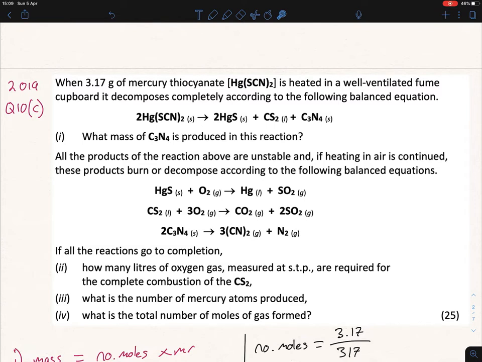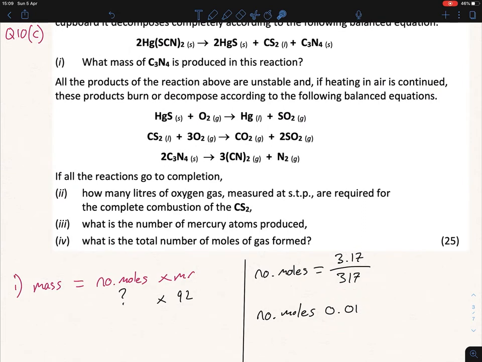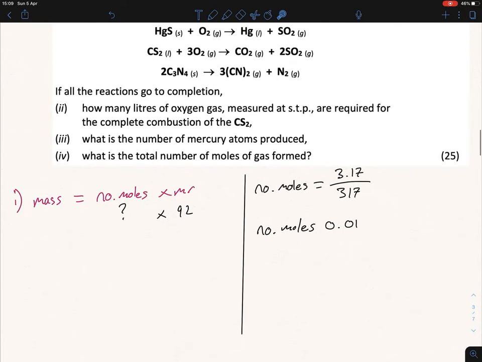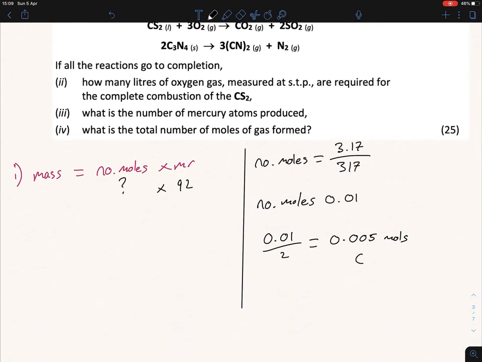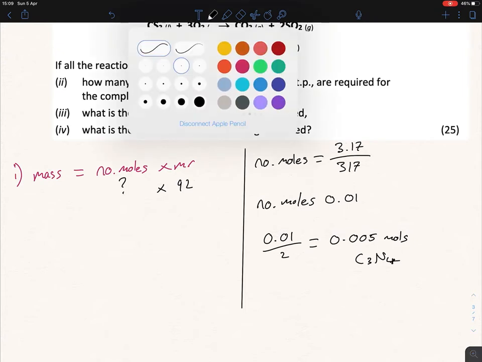So that means we have twice as many moles here than we do over here, the C3N4. So all I'm going to do is take 0.01, divide that by 2, and I'll get 0.005 moles of your C3N4. And that is the value I'm going to use over here.